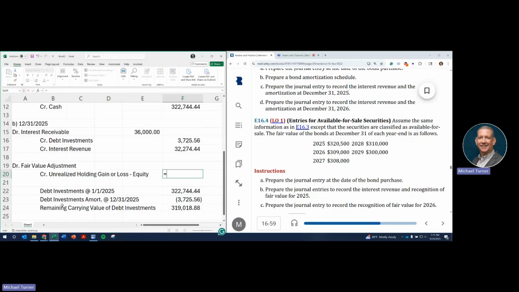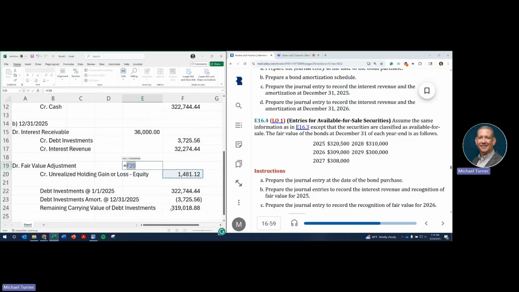So that's going to be the difference between the fair value given to us in the problem, which is $320,500, minus what is currently on the books, means I need to record an adjustment of $1,481.12.